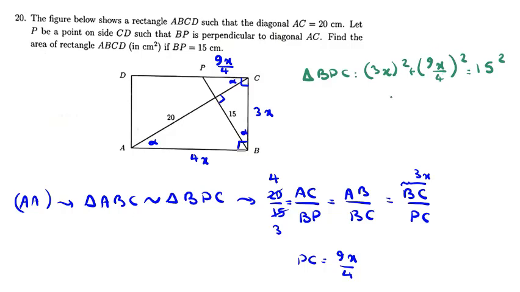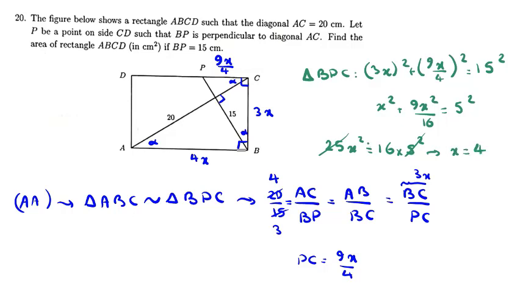You can divide both sides by 9, then you have x squared plus 9x squared over 16 equals 5 squared, which is 25. Multiplying both sides by 16, 16x squared plus 9x squared is 25x squared equals 16 times 5 squared. If we consider square root, we can cancel 25 from both sides, and x will be 4.